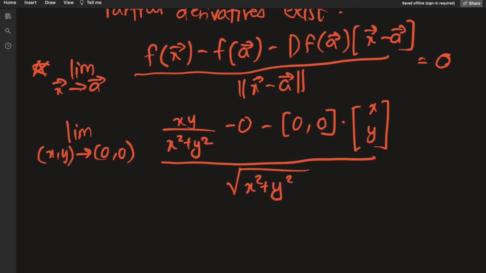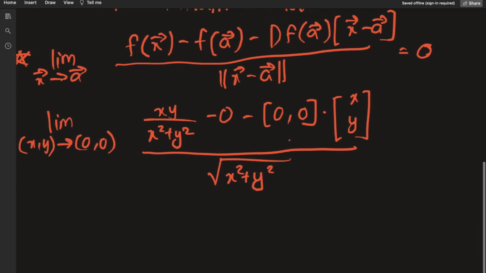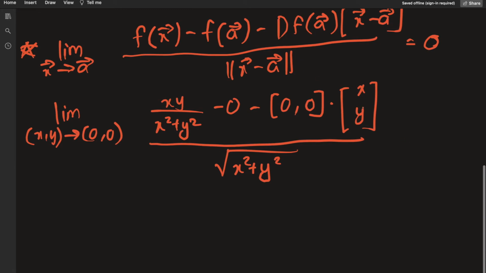This is just the Euclidean definition of this induced norm, because we already defined this inner product. We want this to be 0.